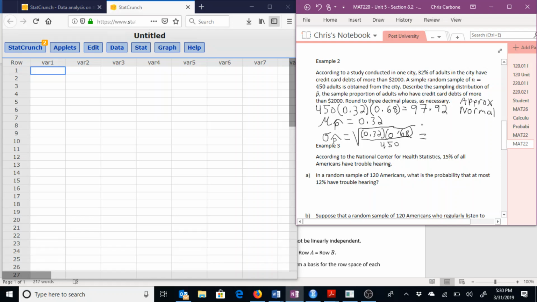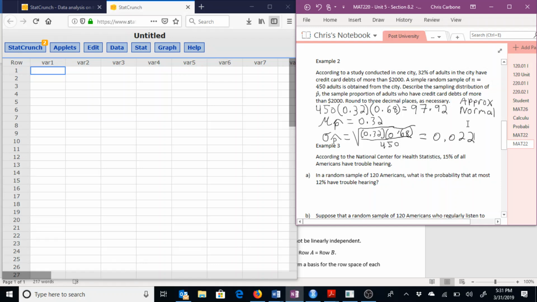And that is going to give us a value of about 0.022 for that standard deviation.